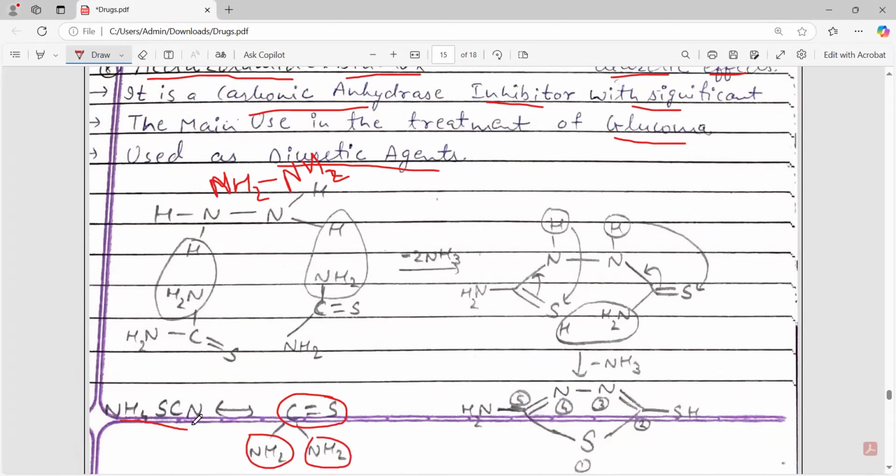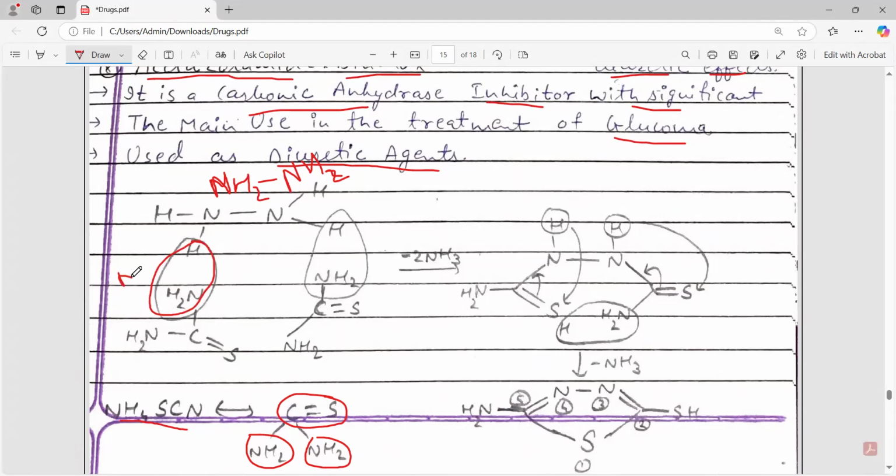So hydrazine reacts with 2 moles of ammonium thiocyanate. That means C double bond S with NH2, NH2 for one mole, and the second C double bond S with NH2 and NH2. From this NH2, here H and here NH2 will both be eliminated like this and form ammonia.